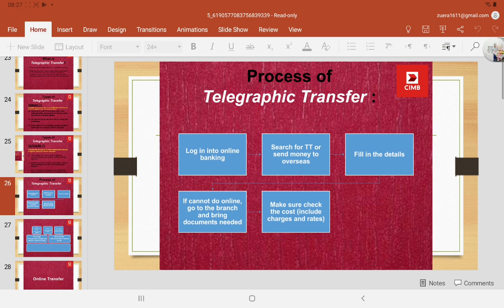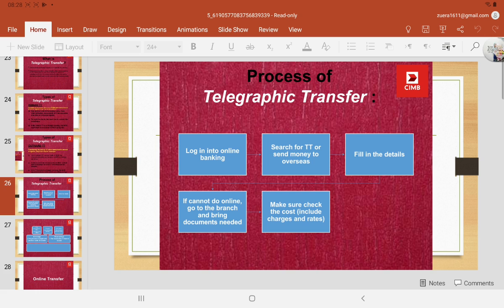You just log into any online banking in Malaysia, CIMB Clicks, Maybank2u, and then you can search for the product of telegraphic transfer, if you want to send money overseas. Usually customers use telegraphic transfer to transfer money overseas because they need the fastest mode, so they can use this remittance product to transfer the money overseas.